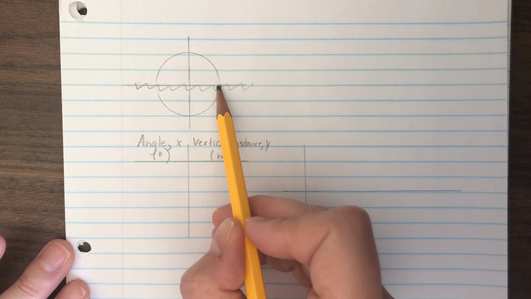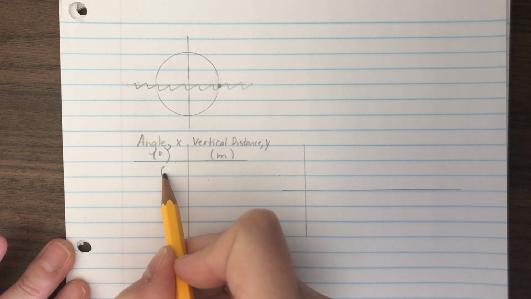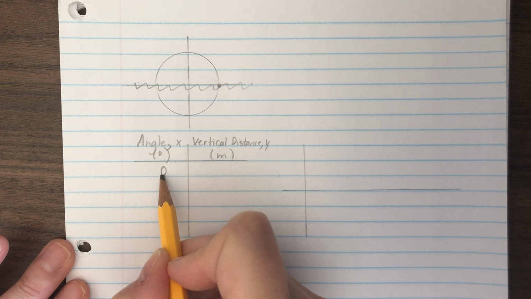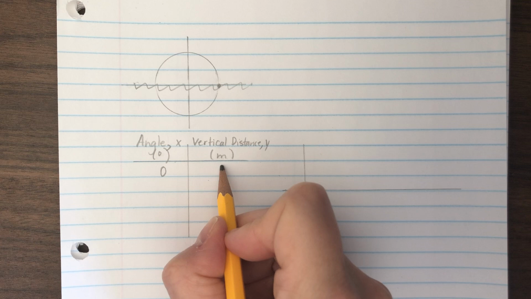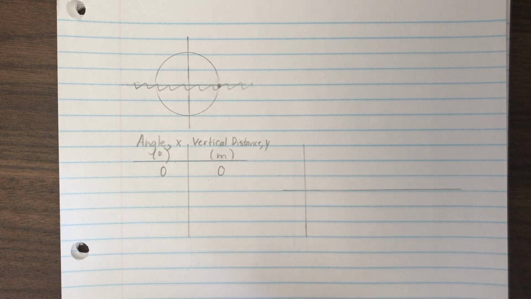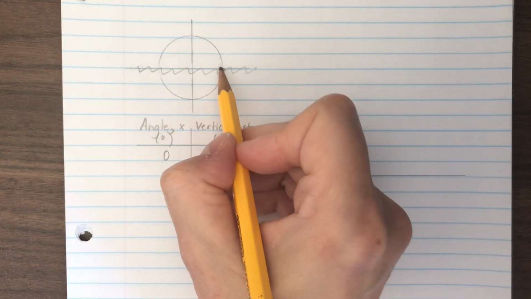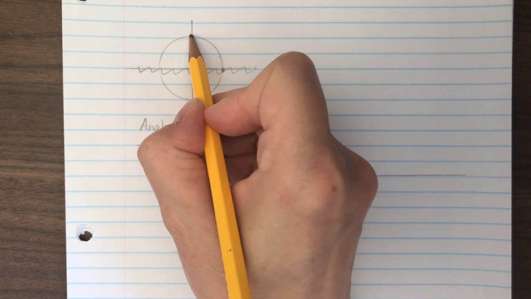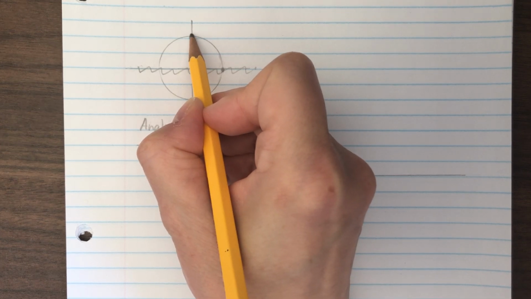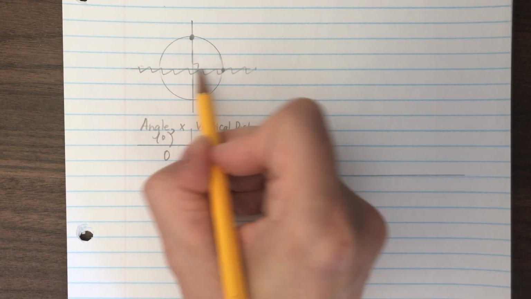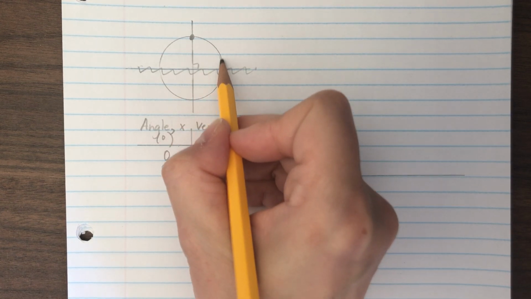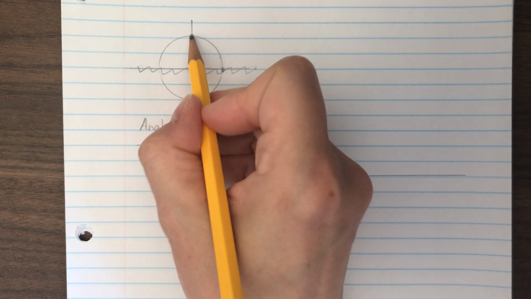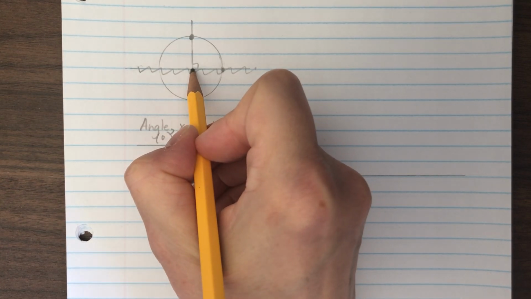So Freddy starts at the water level, and he hasn't rotated through any angles, so starting at an angle of 0, if he's at the water level, he's going to be at a vertical distance of 0 from the water. If he rotates and ends up over here, he would have rotated through a 90-degree angle, and now he's going to be 1 meter above the water since the radius of the water wheel is 1.